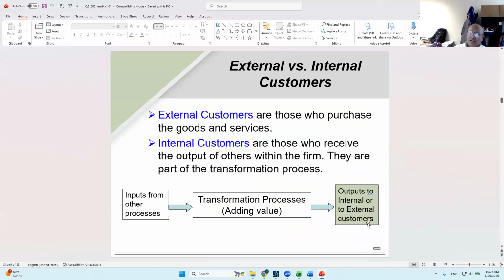Internal versus external customer. I give you an example that will make you understand for every company, probably this internal customer exists. Also, the external customer has to exist, obviously. Think about Toyota Corporation.